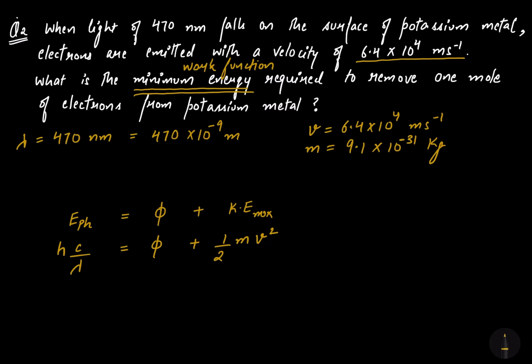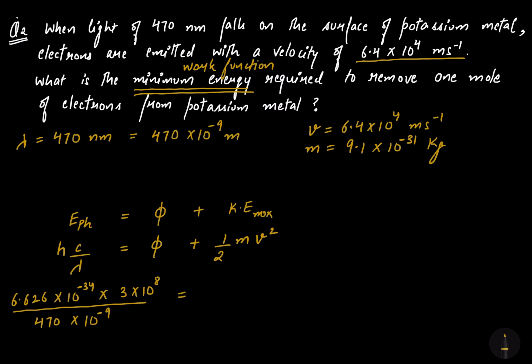Now let's substitute all the values in the formula. The value of Planck's constant is 6.626 into 10 to the power minus 34. The speed of light is 3 into 10 raised to power 8, divided by the wavelength, which is 470 into 10 raised to the power minus 9.